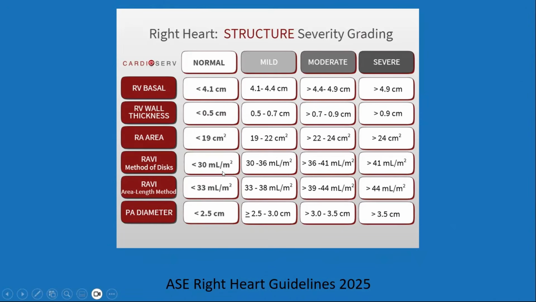So you will be feeding the machine the height and the weight of the patient. Then the pulmonary artery diameter is also given importance in the structure severity grading. As I said, 25 millimeters and below is normal, and more than 35 millimeters and above is severe.